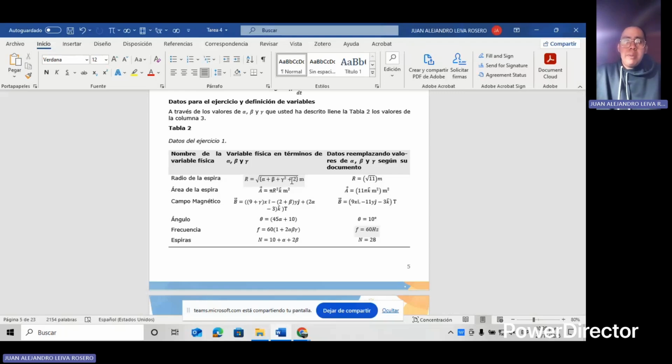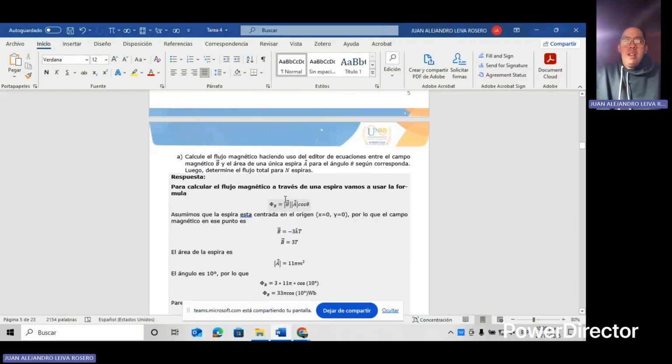Now let's examine the specific parameters provided for the motor: the loop radius, the angle in degrees, the frequency, the number of loops, and the angular frequency. Let's compute the magnetic flux for the single loop under static conditions using the formula.